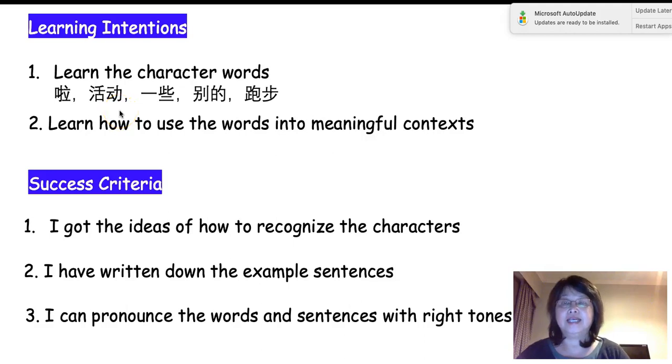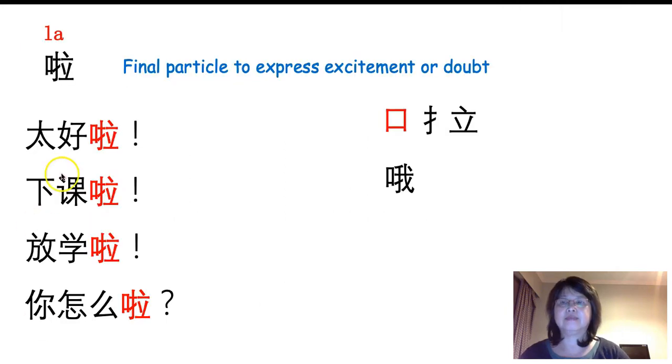你好，你今天怎么样？累不累？现在我们开始学习 the words about out of school activities。这是啦，啦 is a final particle to express excitement or doubt。比如说，太好啦，that means yay, it's great。下课啦，that means yay, we finished the lesson. 放学啦，yay, we finished school.